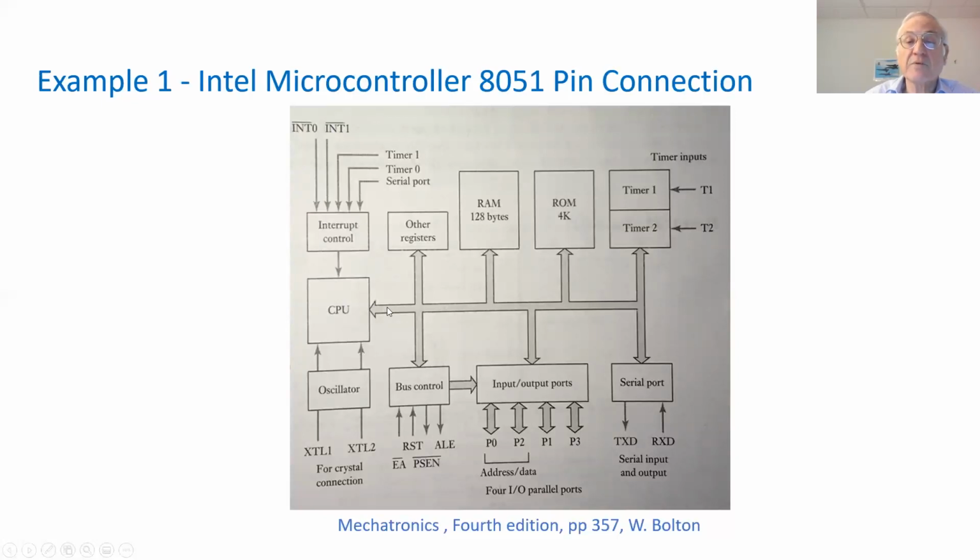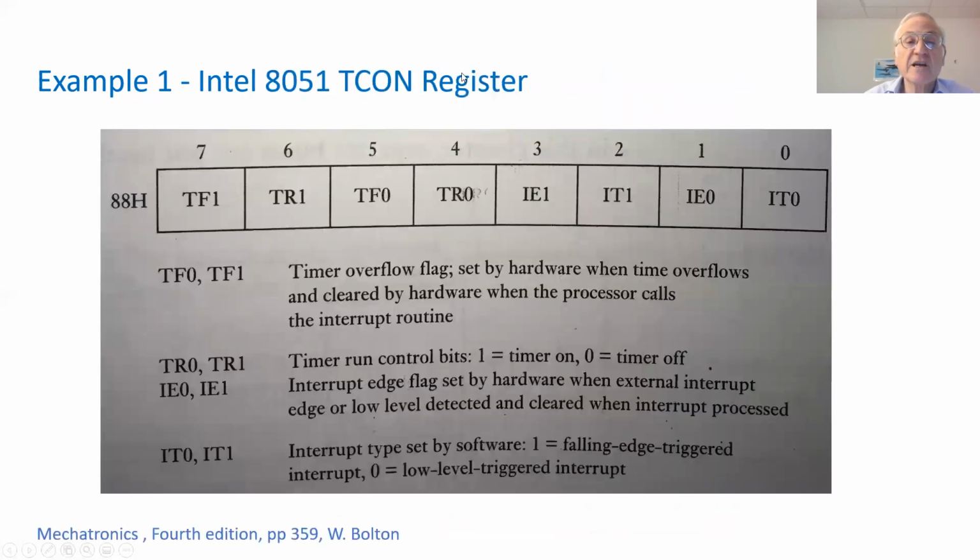We have here the CPU, we have the buses, we have over here the timers, we have the read-only memory, the random access memory, and we have various ports over here, serial ports for receive and transmit. There is also a timer control register that also includes the configuration of the interrupts.